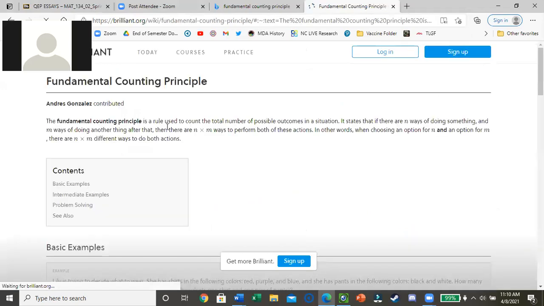And so fundamental counting principle is a rule used to count the number of possible outcomes in a situation, and so on. And so what would you list as a source?